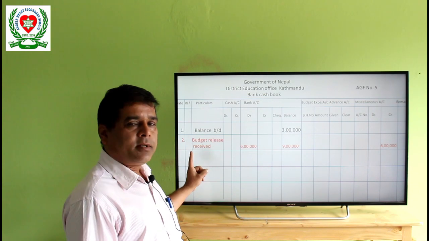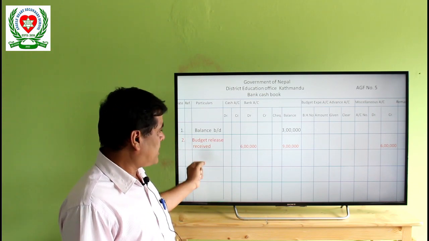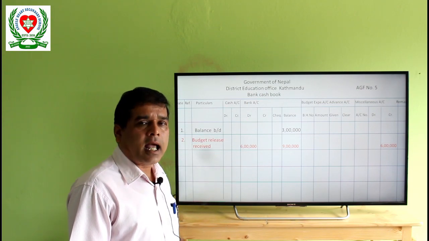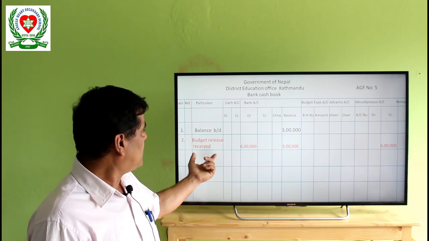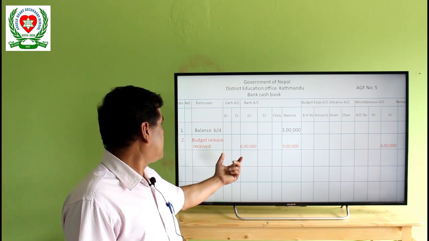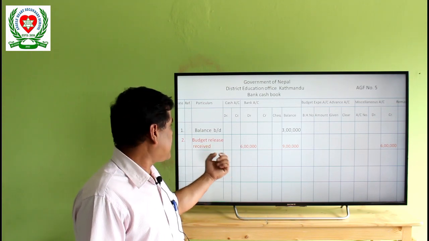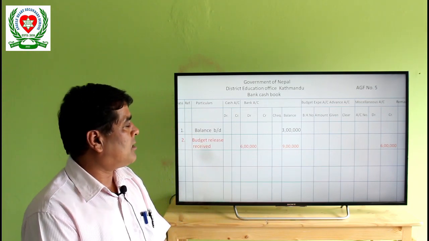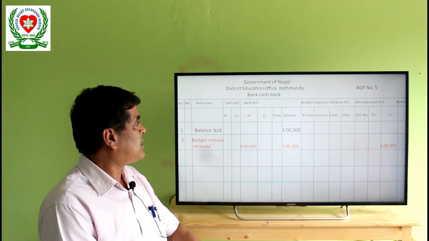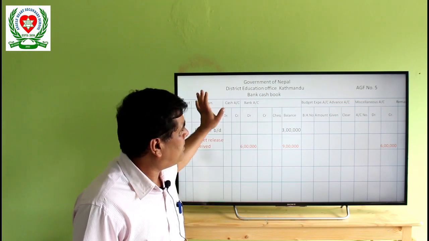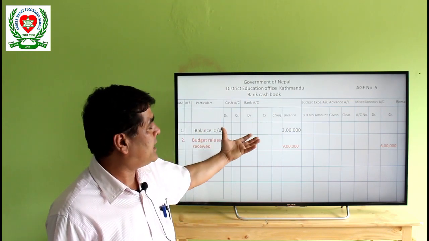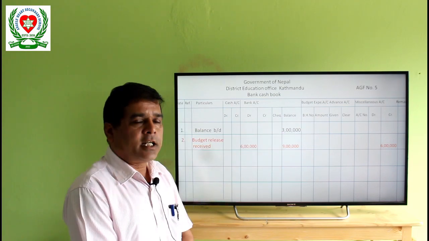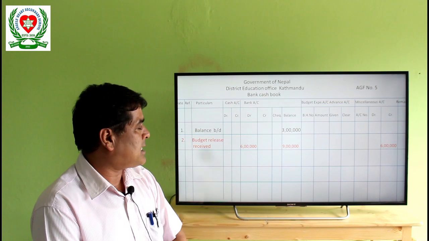Budget release received, that particulars we have to write, and debit column of bank 6 lakh, because this amount was in debit side of bank, and credit we have written in the miscellaneous account. Budget release is not here. In the above accounts there is no budget release column, so for budget release we have to keep in miscellaneous account in the credit side.